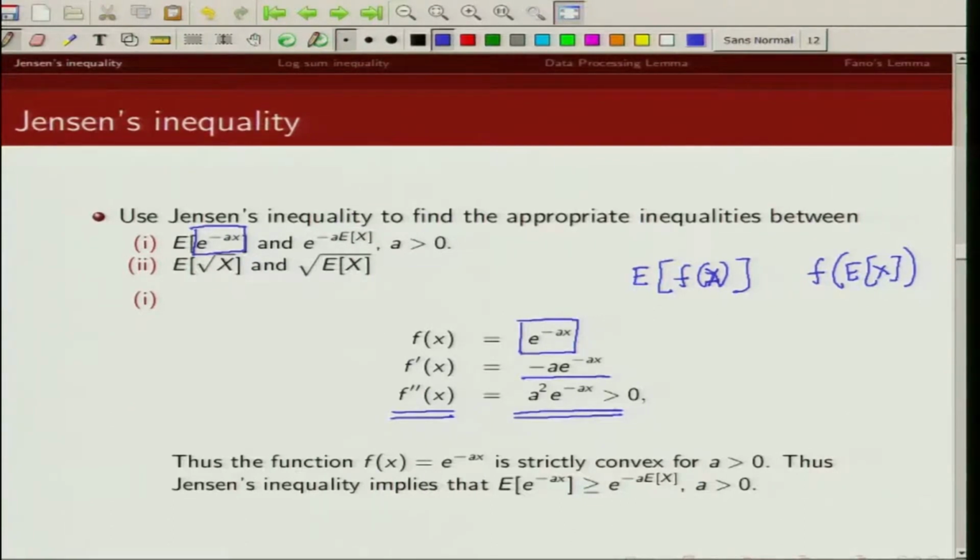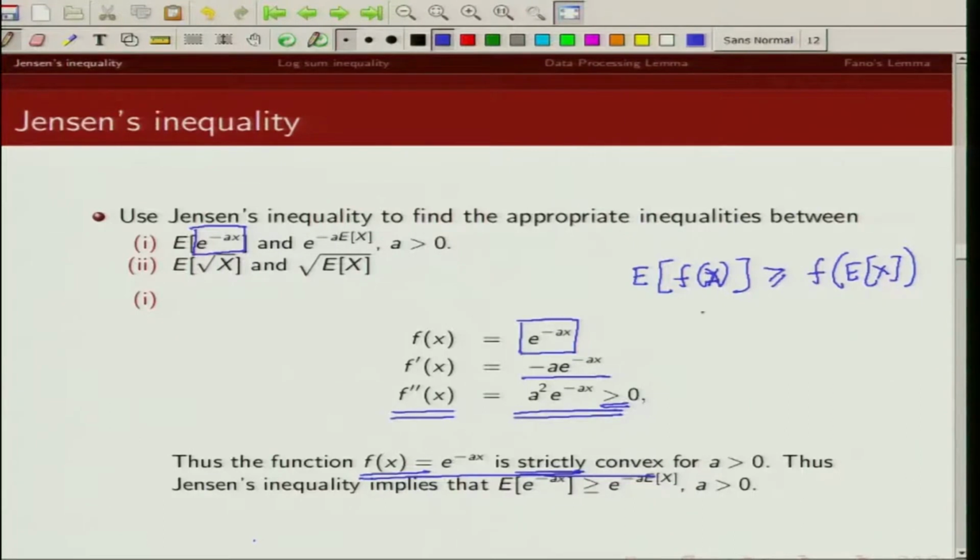We know that the function is convex. So f of x is a convex function, and it is strictly convex because the second derivative is positive. Now if it is a convex function, then we know the expected value of the function is greater than or equal to the function evaluated at the expected value of x.